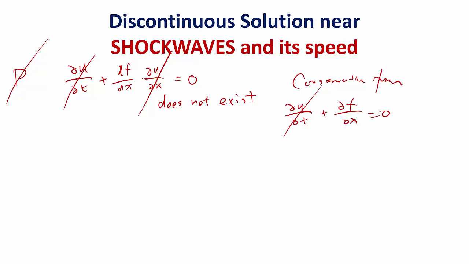Right? If you have a stationary shockwave, maybe you are in good luck. But anytime the shockwave moves even a little bit, then du dt across the shockwave doesn't exist. So conservative form is gone. Both of the differential forms of conservation law are no longer applicable.